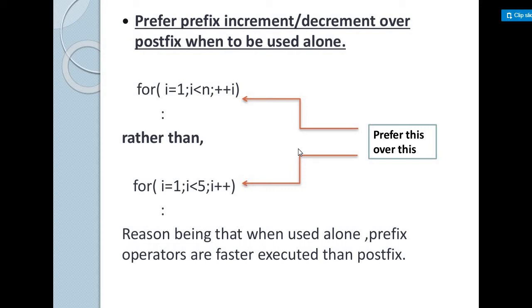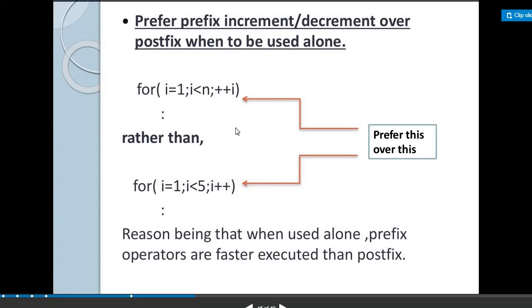When we use it, prefix operations are faster than postfix. That is why we use sometimes prefix updation or prefix increment, and sometimes we use postfix increment. So in general, prefix operators are faster than postfix.